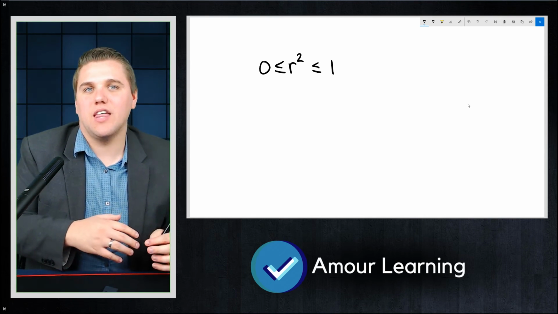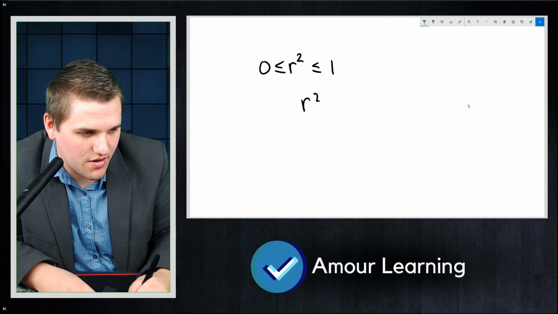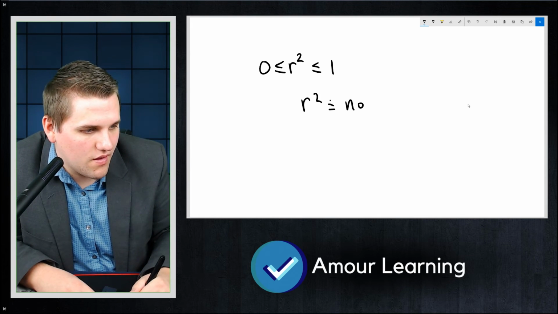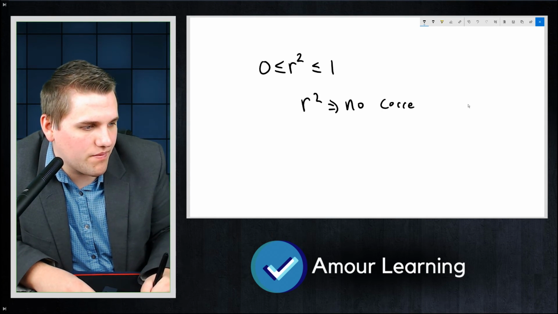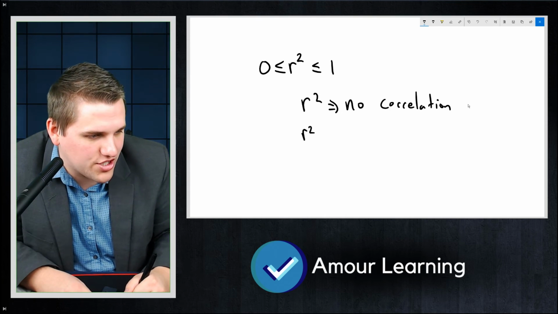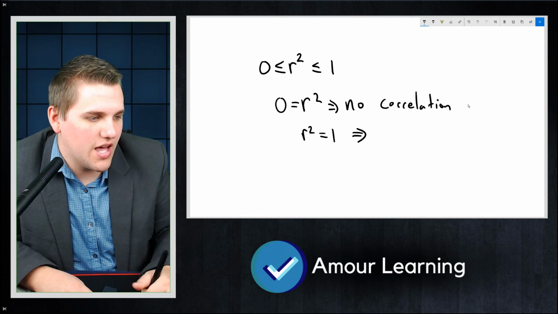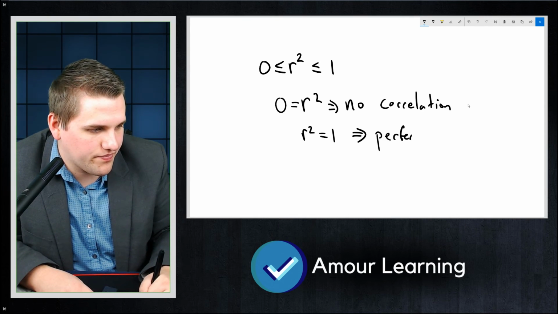An r squared value of 0 means that there's literally no correlation at all. And an r squared value that equals 1 means that there's perfect correlation.